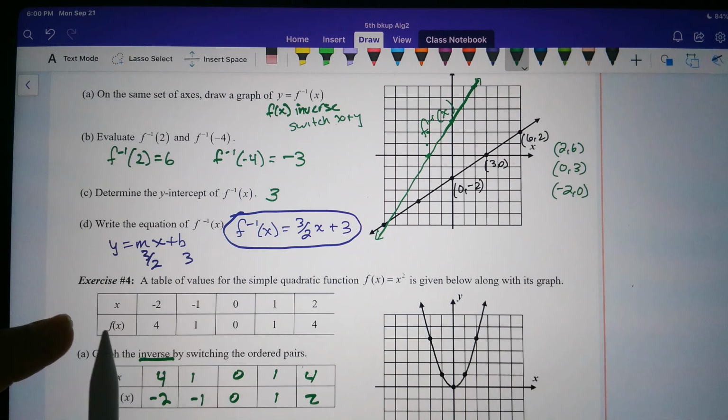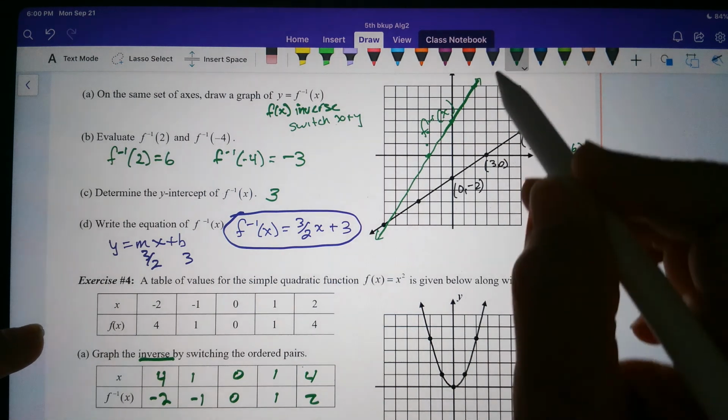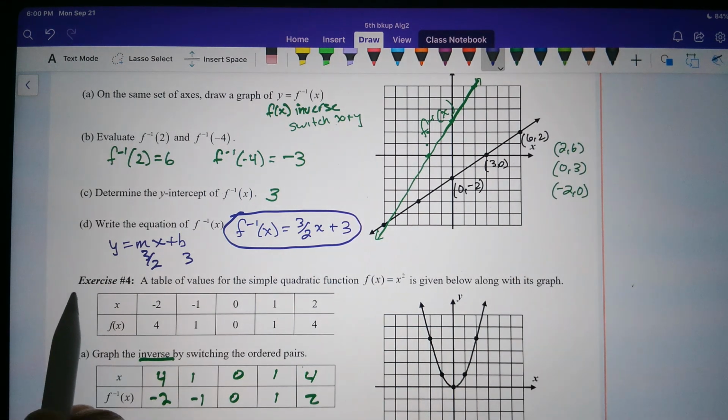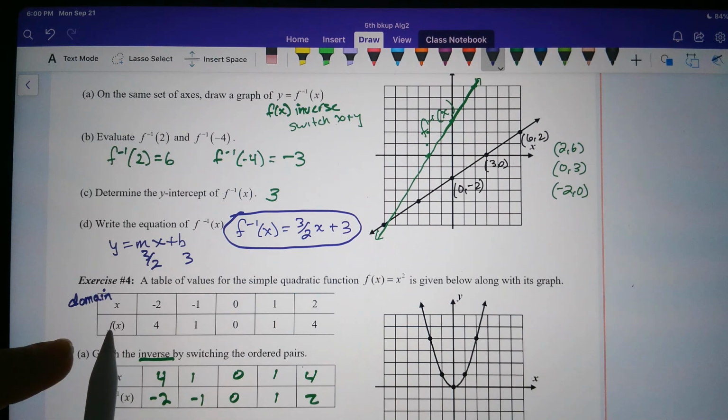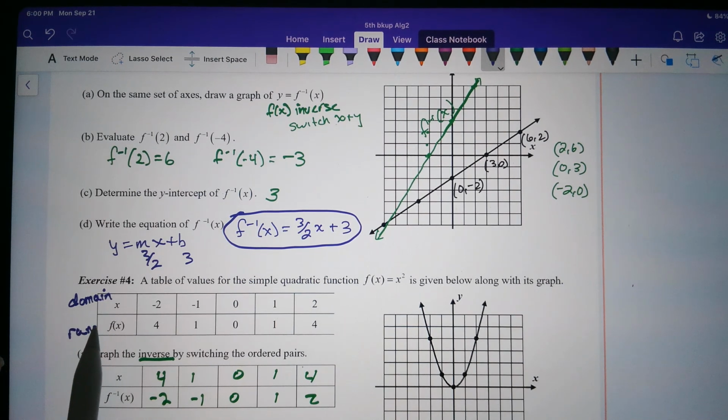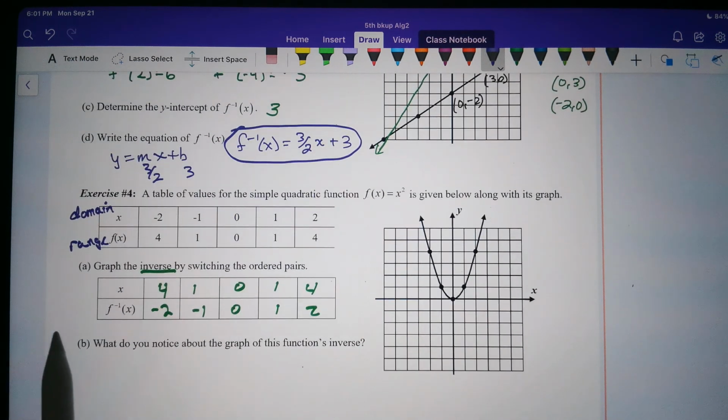For f of x equals x squared, the x's are our domain and f of x is our range. So for the inverse, the domain of f of x goes to the range of f of x inverse, and the range of f of x becomes the domain.